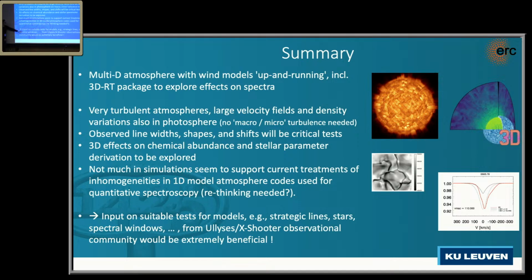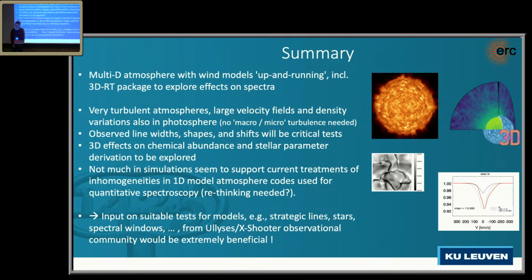All right, and of course, a bit of the purpose of my talk here is also that I hope to get some input during the week for suitable tests for models. What strategic lines? This is really the first models that we present of this type, right? What strategic lines, what type of stars, the spectral windows from the Ulysses X-shooter, it will be extremely beneficial.